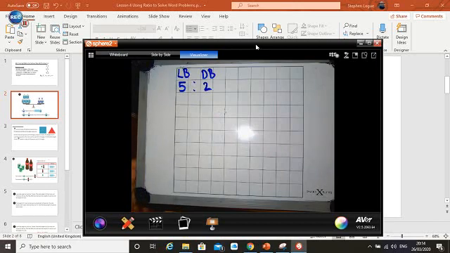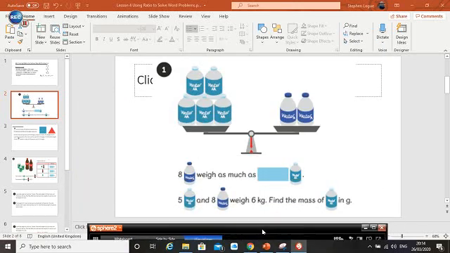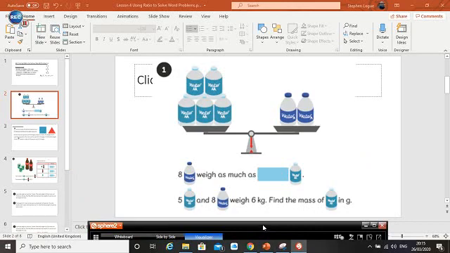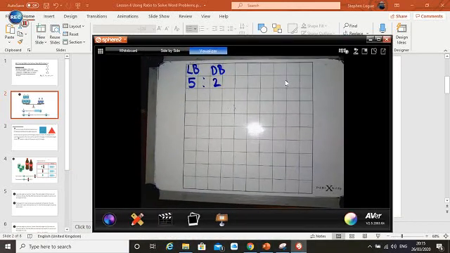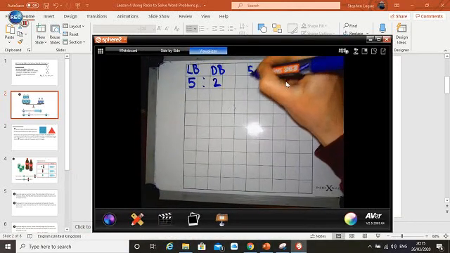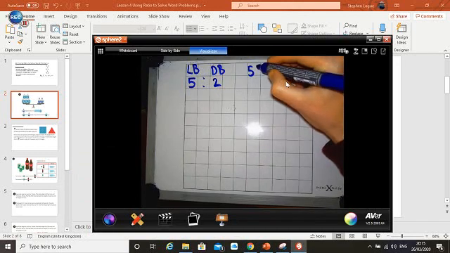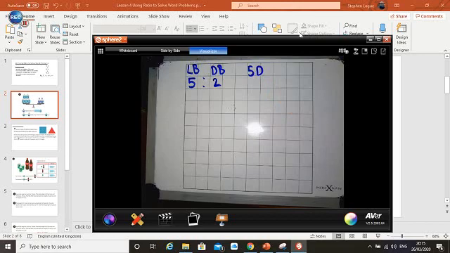We also know that 5 light blue water bottles and 8 dark blue water bottles weigh 6 kilograms.